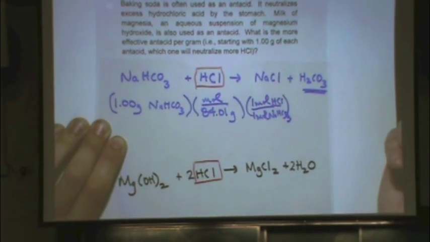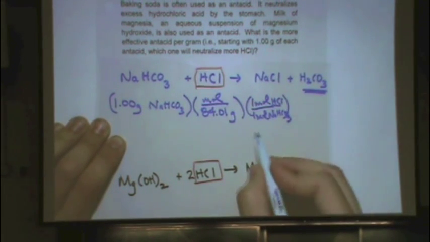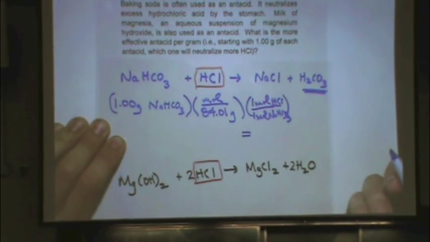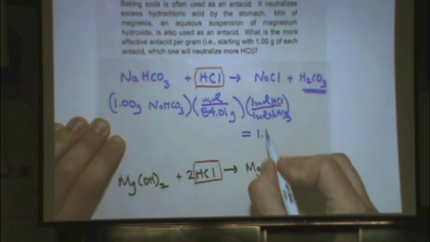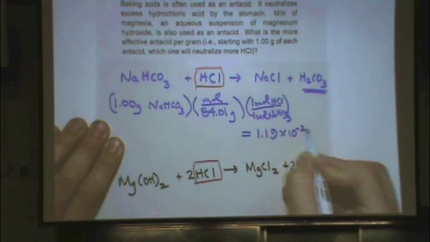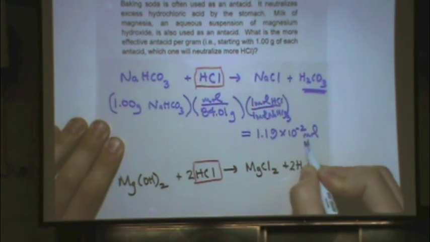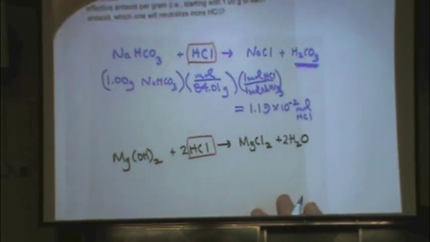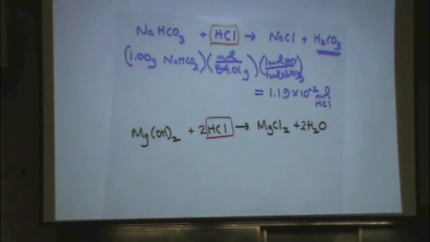I could go to mass here, but I don't have to. I just want an amount, and moles will be fine. This will neutralize 1.19 times 10 to the minus 2 moles of HCl. That's how much the baking soda will neutralize.